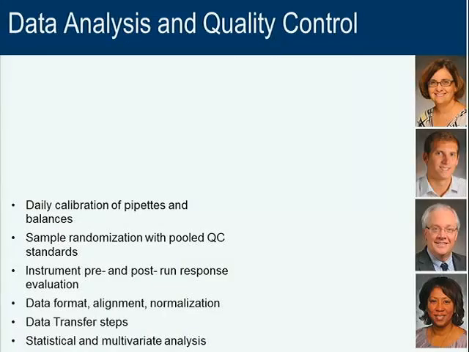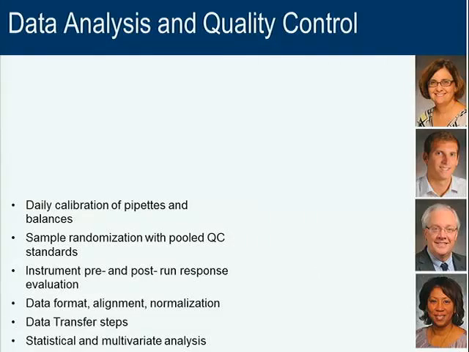Okay, so before I give some examples, I know that there's probably already been a lot of concern out there that we're detecting all these signals and we don't know what all they are, and it's not targeted analysis. So how do you know what's random? It's our concern too. So we have a lot of quality control behind what we do, starting very early on with calibrations of pipettes and balances.